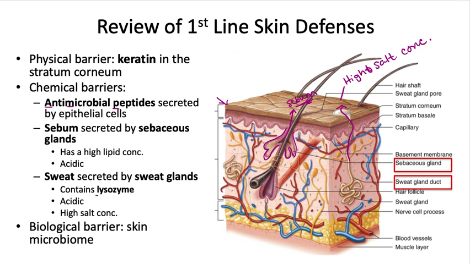Sweat also contains the enzyme lysozyme, which we covered in Unit 1 and in Unit 3. It's an enzyme that breaks down peptidoglycan, and sweat also has a mildly acidic pH, as does the fermentation of the lipids in sebum.